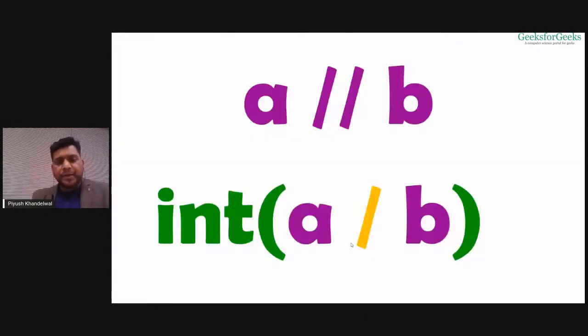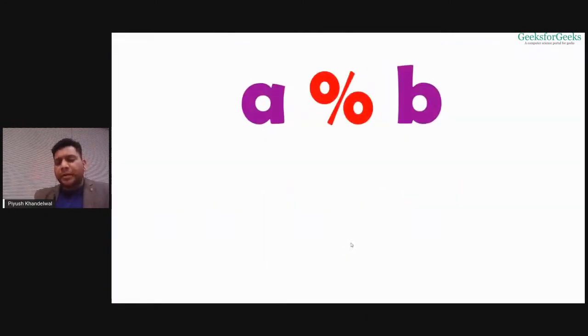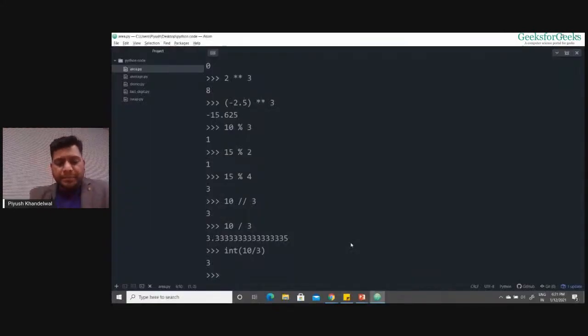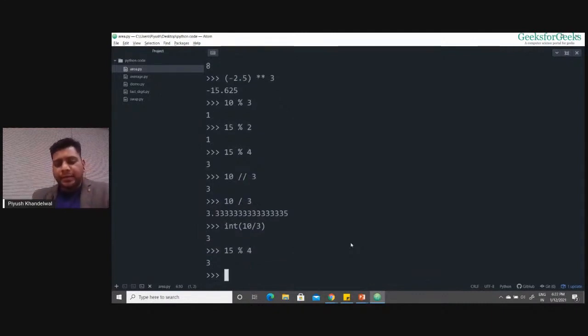I hope you're getting this. Similarly, this modulus operator can be replicated using the formula a minus b into integer division of a and b. Let me help you in this case also. 15 mod 4 gives me 3, right?